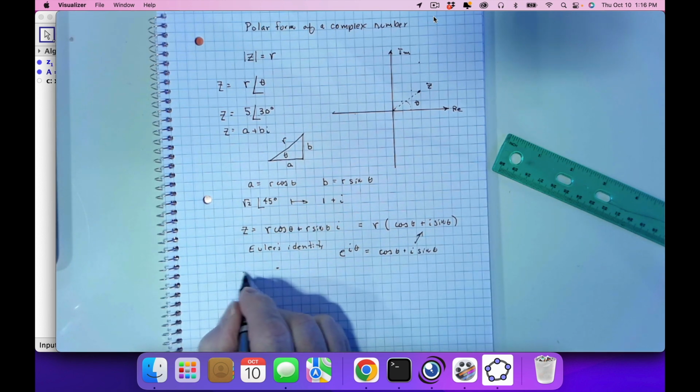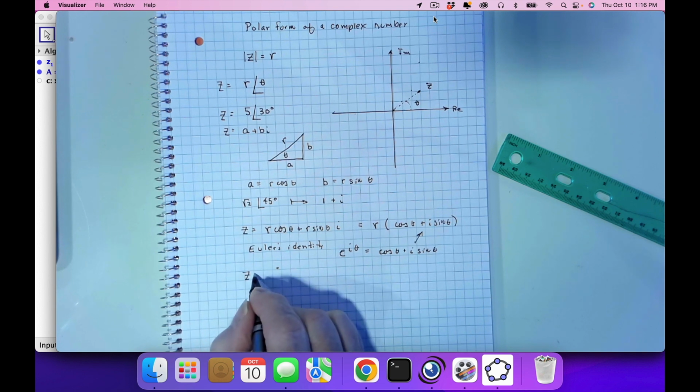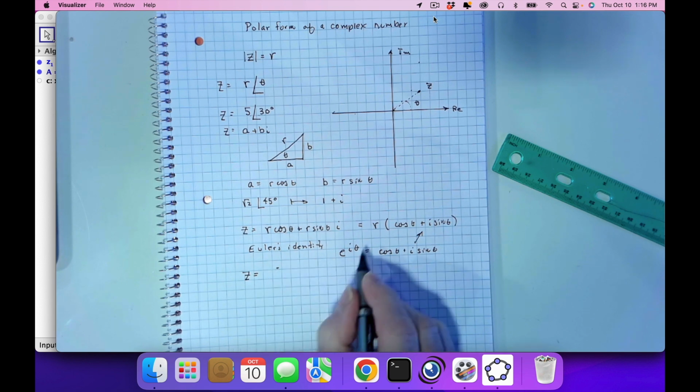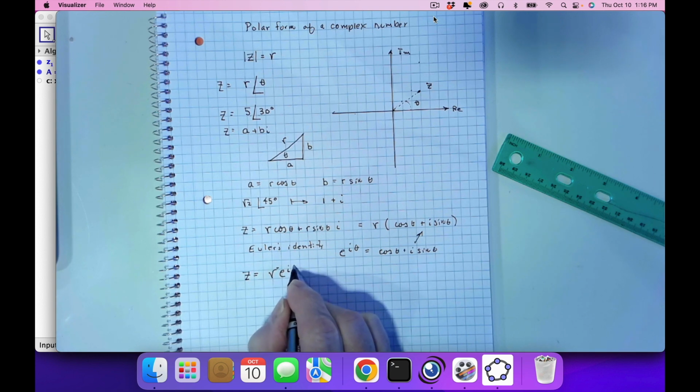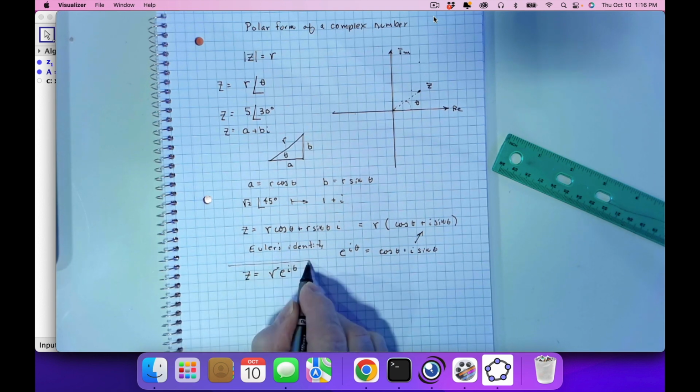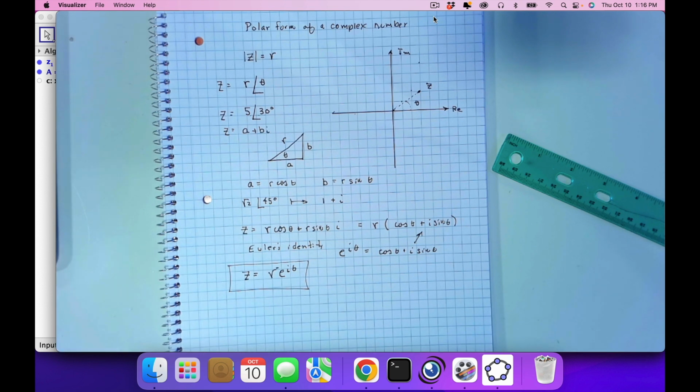So here is our representation of a complex number in polar form. It's z is equal to r e to the i theta. Okay. That's our polar form.